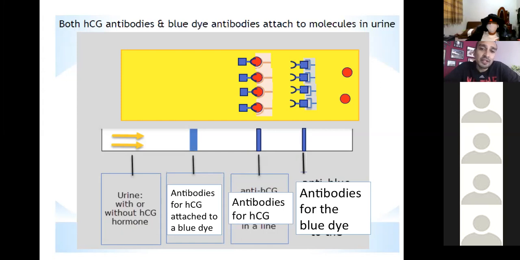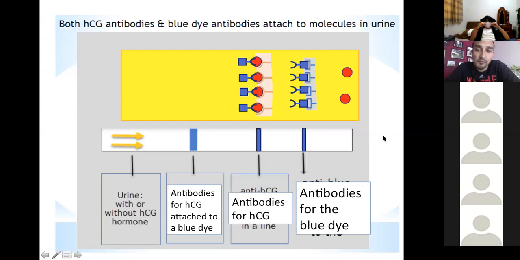I mean, at the end of the day, we're also making a leap, right? This is just a test. If you didn't call it a pregnancy test, you could call it an HCG test, right? You're just testing your urine for this hormone. So you then just make the link between the fact that pregnancy releases HCG.